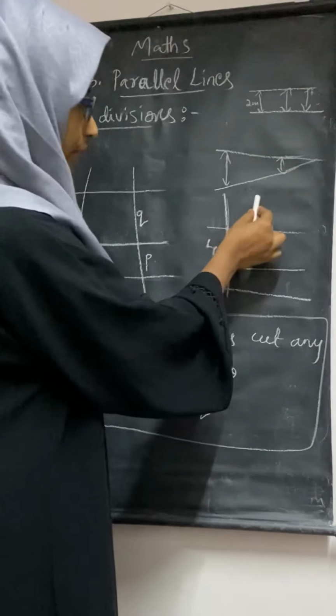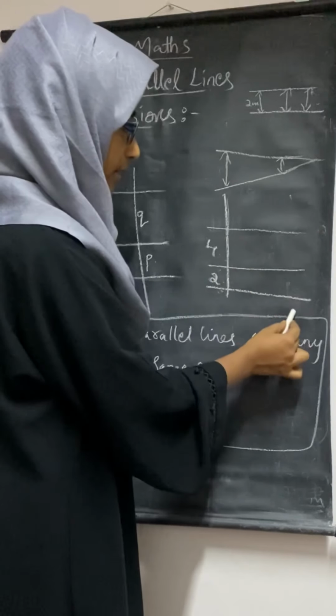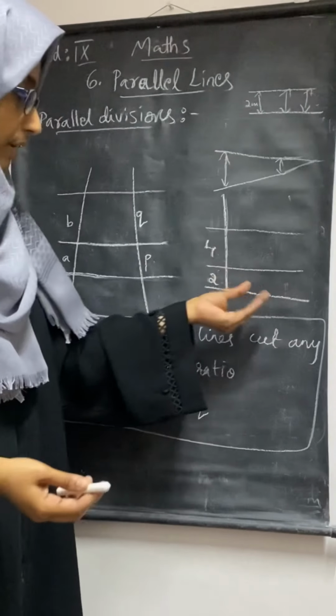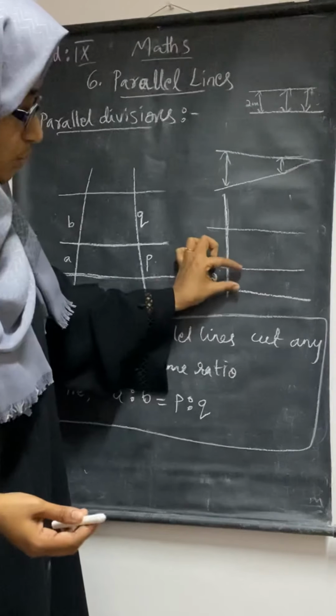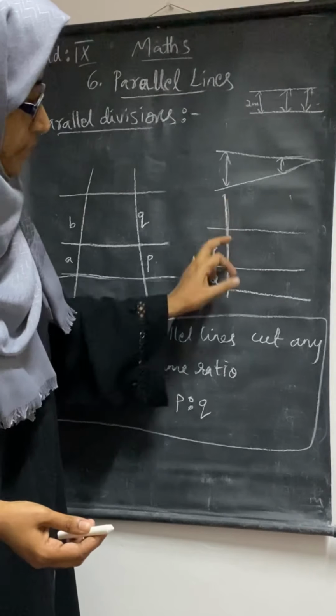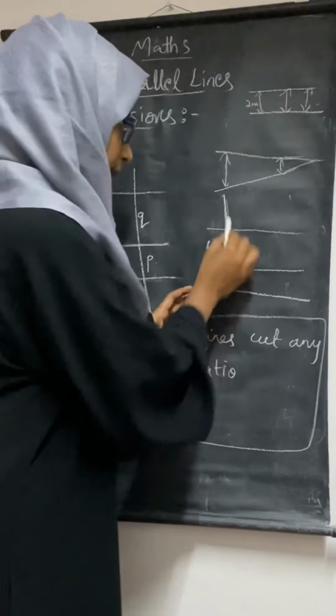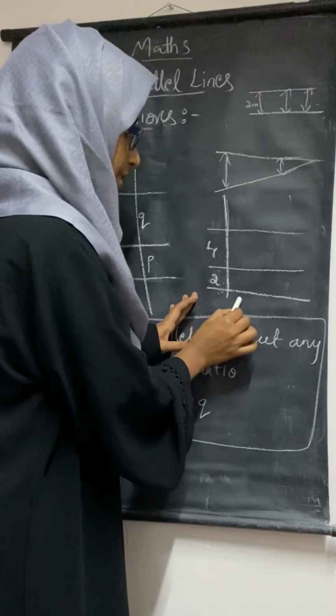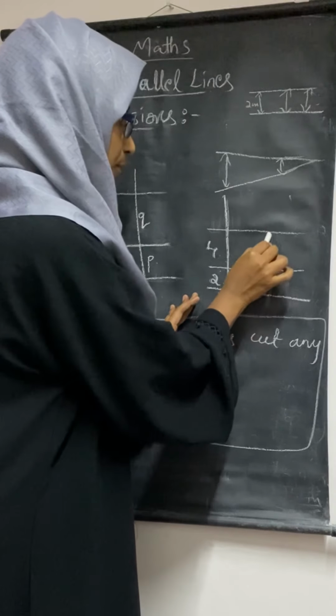If I draw straight lines everywhere, the smaller distance will be 2 and the other distance will be 4 only. But I am not drawing a straight line, just a slightly slanted line.